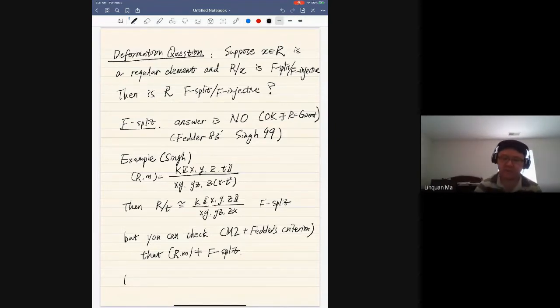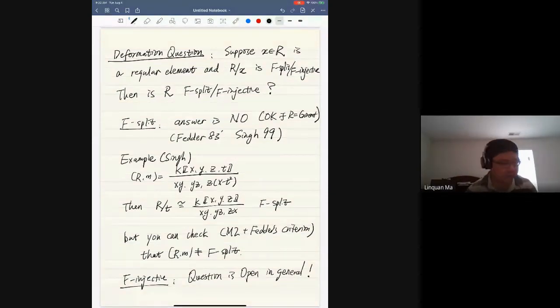So that basically leads to the natural question of whether F-injective always satisfies this conclusion of the deformation question. But for F-injective, this question is open in general.